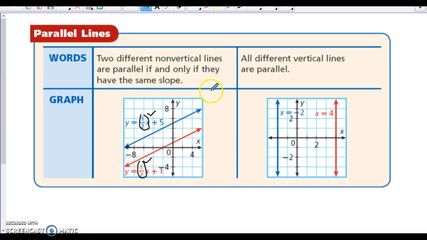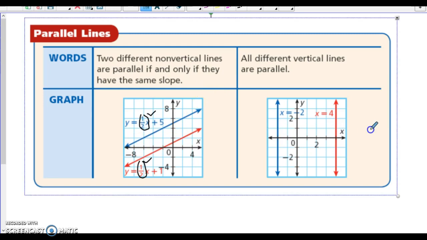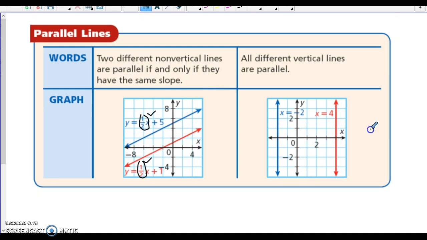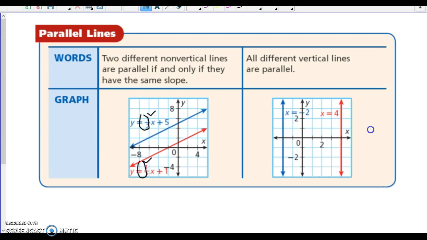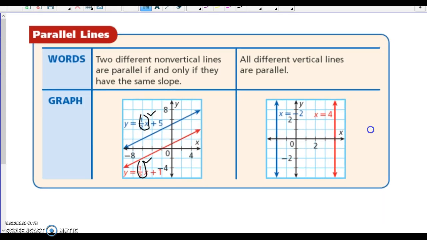All different vertical lines are parallel. So in the case we're looking at to the right here, all different vertical lines, no matter what, always come in this form, x equals.